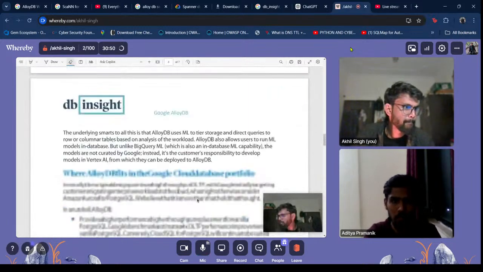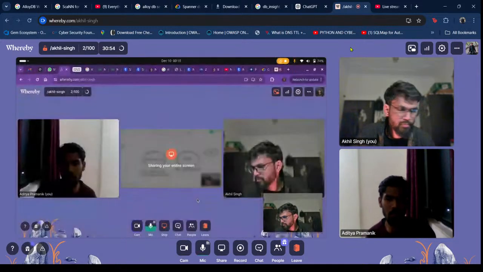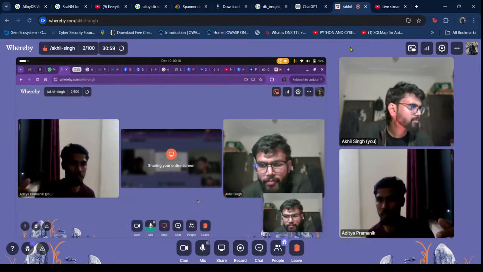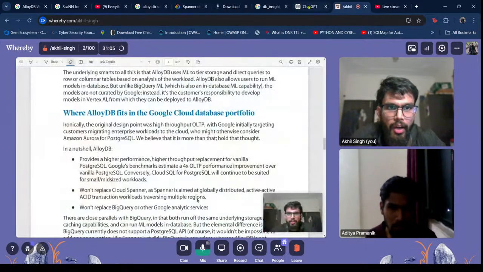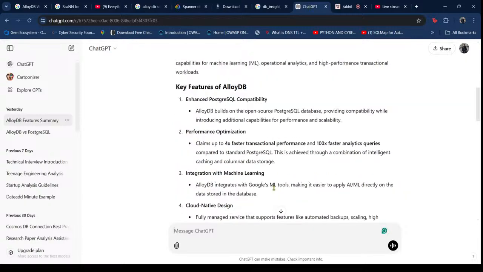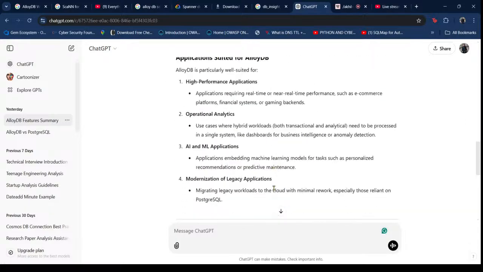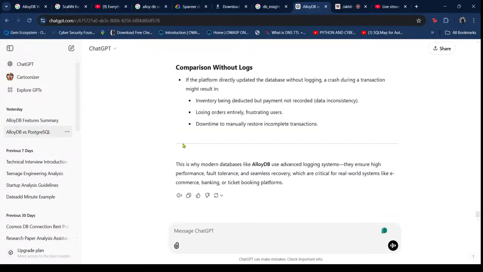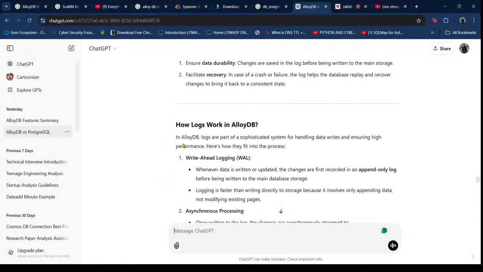In the later part, it describes how they have introduced ML and analytical capabilities in the DB, which are very fast compared to Postgres. I also searched a few things in ChatGPT about summarizing the whole document, and it created a basic AlloyDB versus PostgreSQL data table. I think that will be a little beneficial.